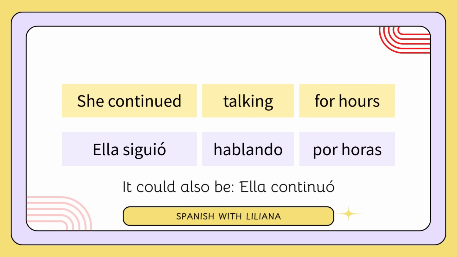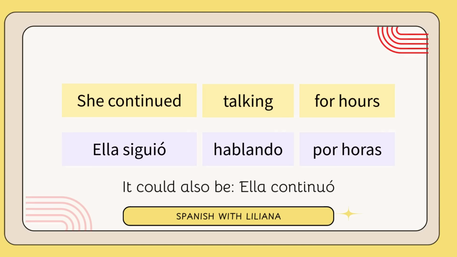Por horas. Ella siguió hablando por horas. We can also drop the pronoun. Just keep in mind if we just say siguió hablando por horas, that could be for she or he. So if you want to be very clear on the person, you add the pronoun here. Ella siguió hablando por horas.